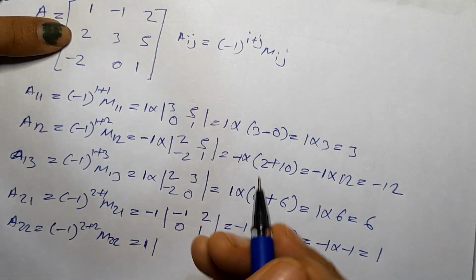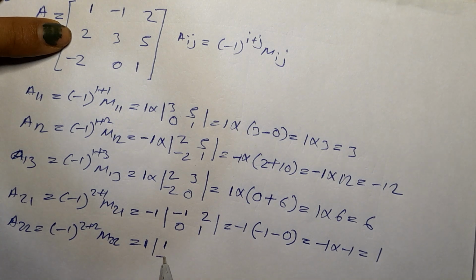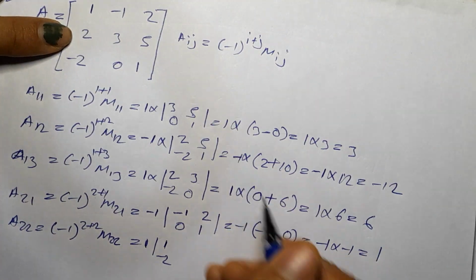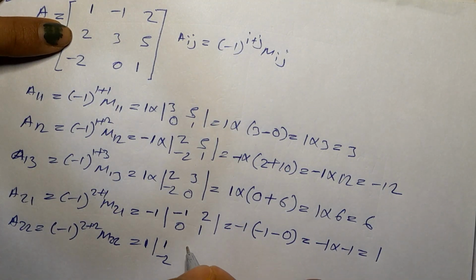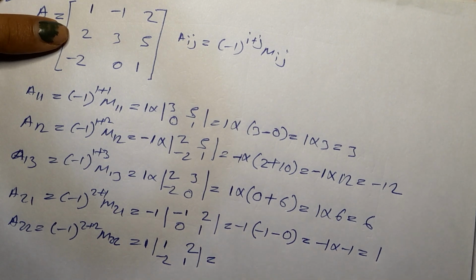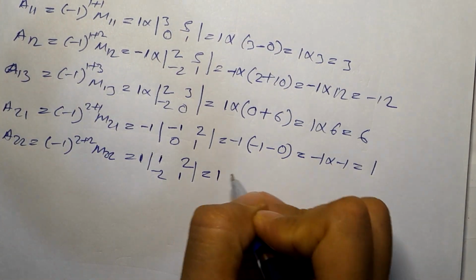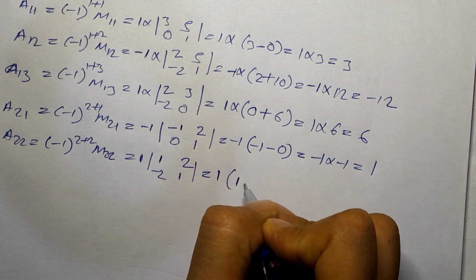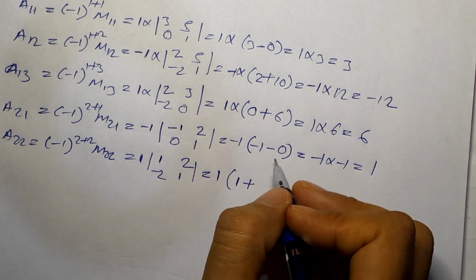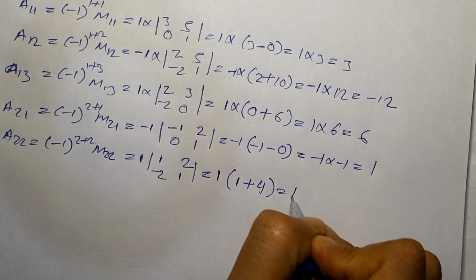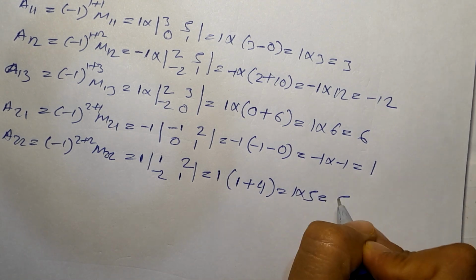So it will be 1, minus 2, 2, 1. So it will be 1 bracket 1 plus 4, 1 into 5, so that is 5.